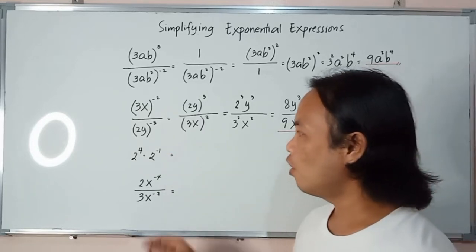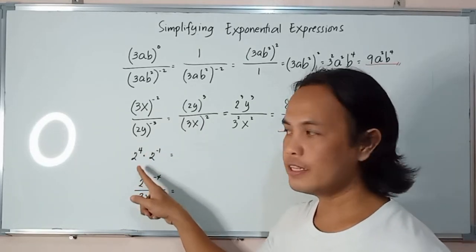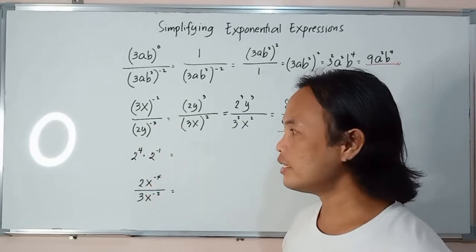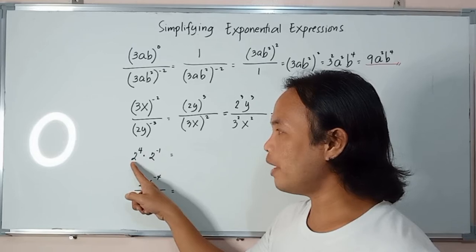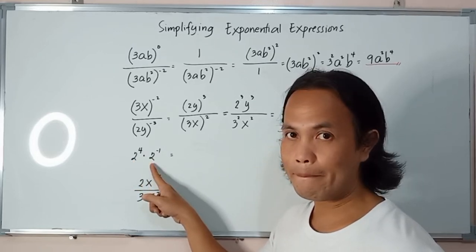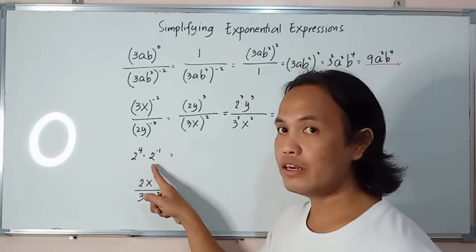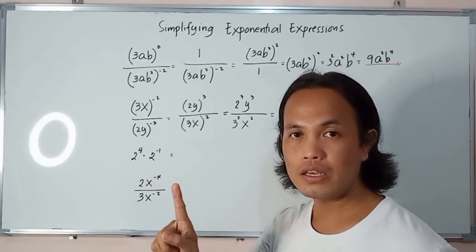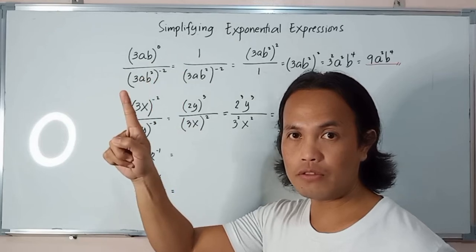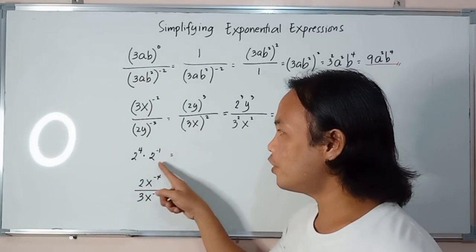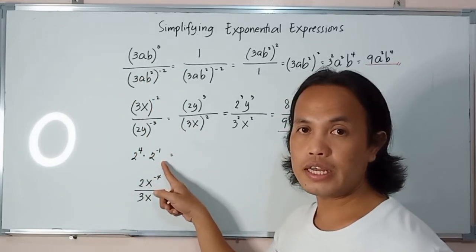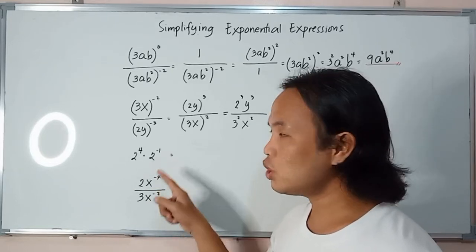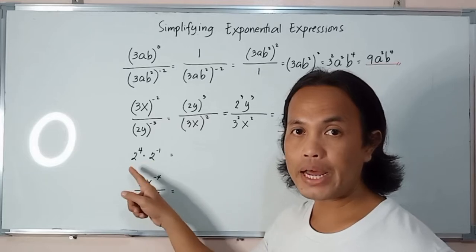Next example, we have 2^4 times 2^-1. As you can see, we have here the same base 2 and 2. Okay? So we can apply the law on product of a power, which states that the same base add the exponent. Or we can apply first the law on negative power. Both are correct. But in this case, we will try the law on product of a power.